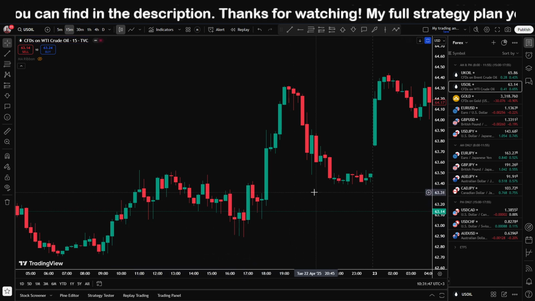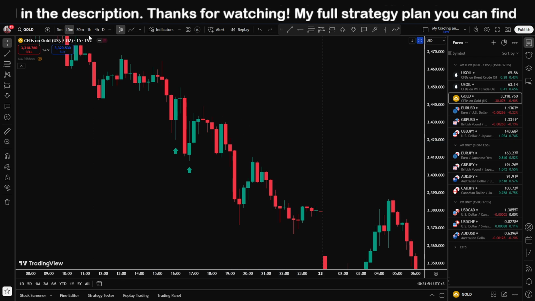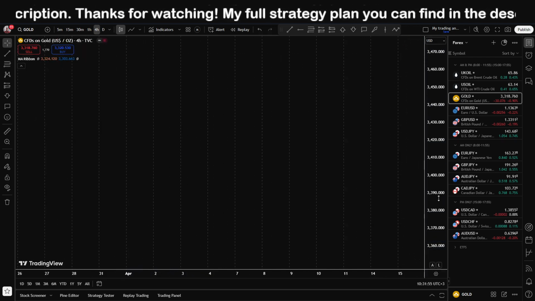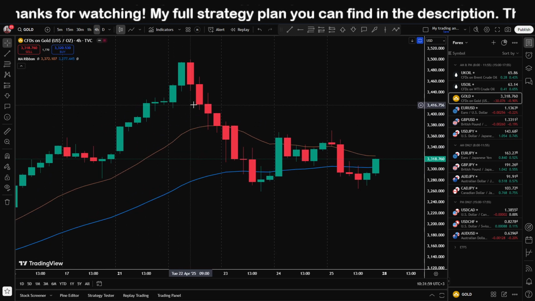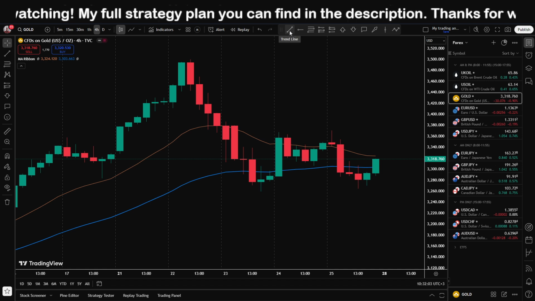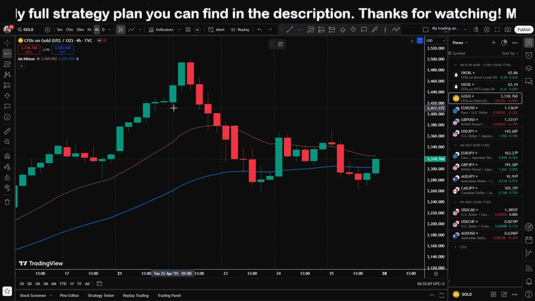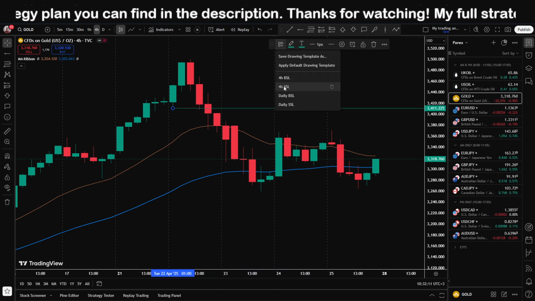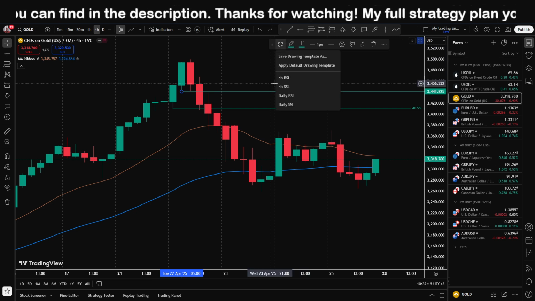Okay, the next two trades are from gold, again from Tuesday. This is Tuesday. For these two trades, I used the sell side liquidity from the 1 o'clock 4-hour bar and the 5 o'clock 4-hour bar.